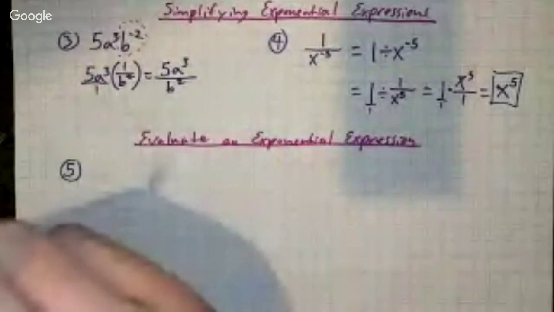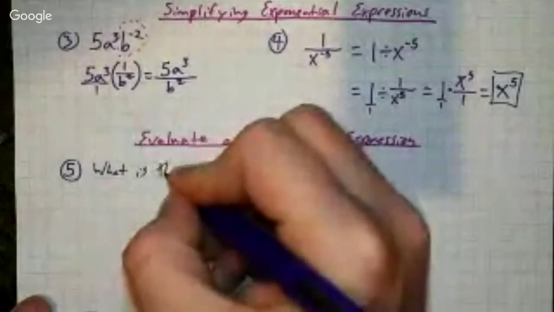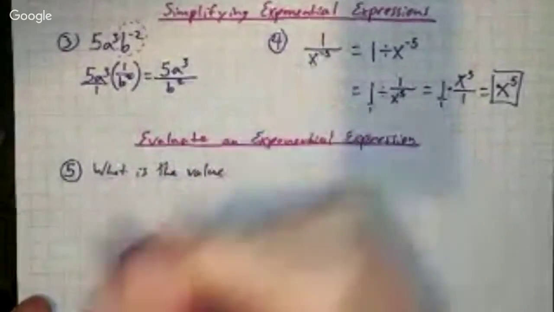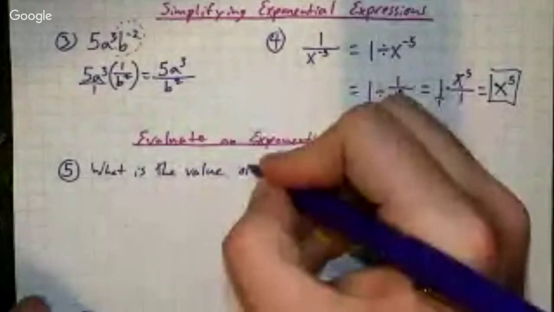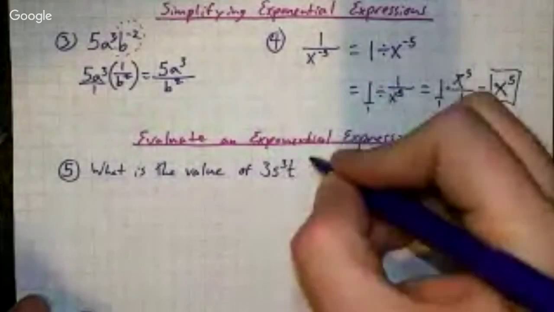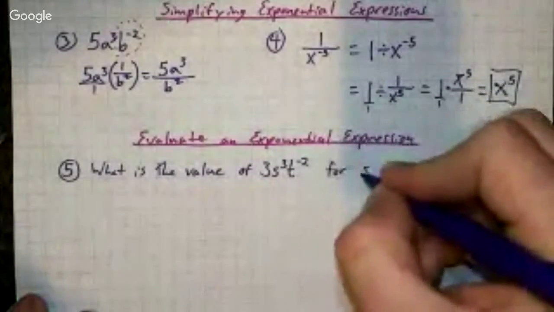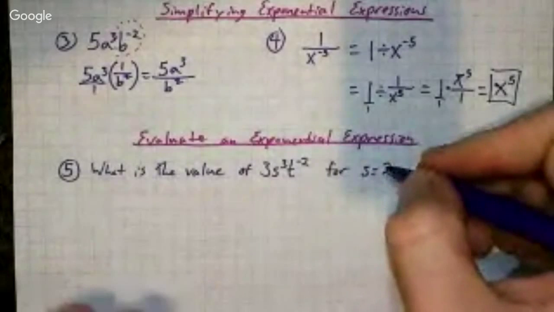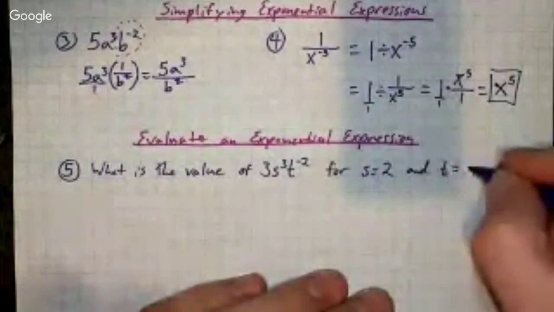For this one, we're going to see what is the value of s to the power of 3 t to the power of negative 2 for s equals 2 and t equals negative 3.